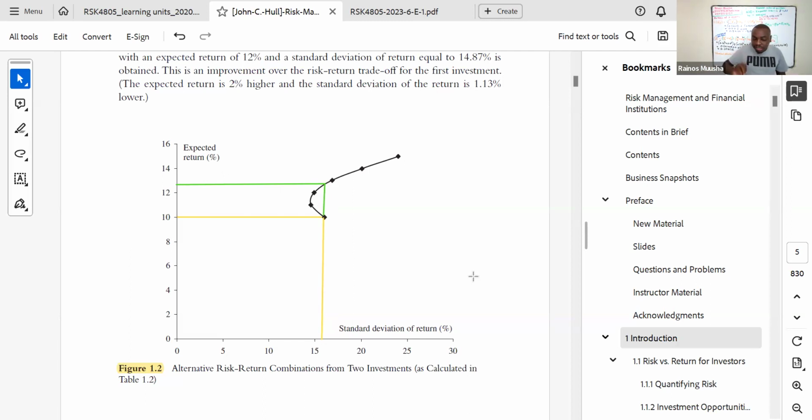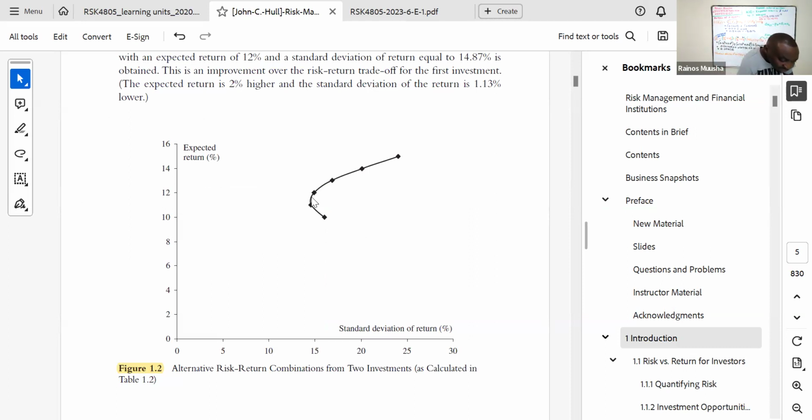So this is how the investor comes up with an efficient frontier, the part of the graph that enables you to maximize the return for a given level of risk.